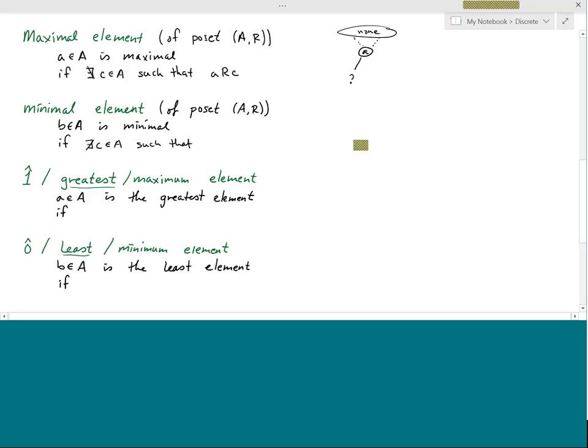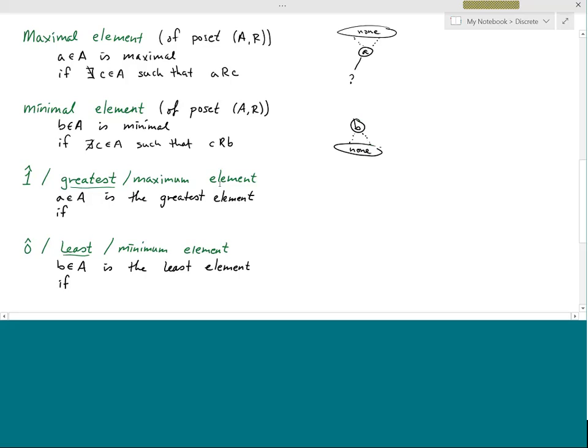So if you've got your element B, there's not going to be any other element in your building set where C is below your element B. In other words, if you try to go down, there's nothing down there. So you try to walk down the Hasse diagram.